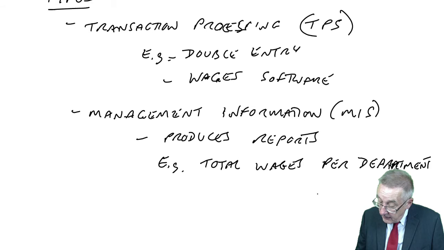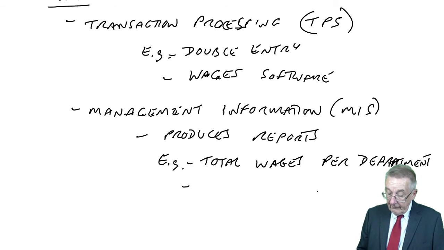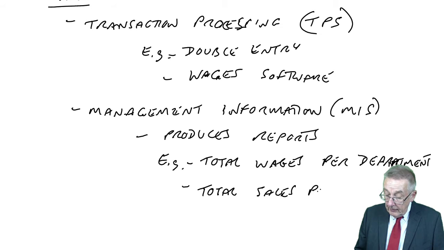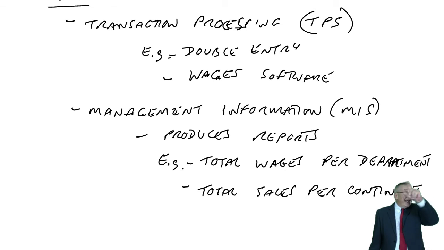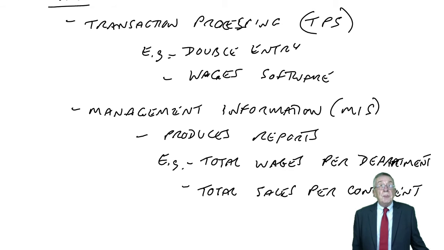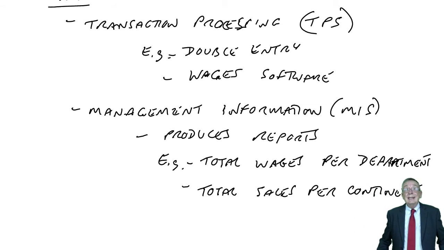Or another one maybe. Total sales per continent. Maybe I'm not really interested each month in how much in each country, but I am interested in how much we're exporting to each continent.